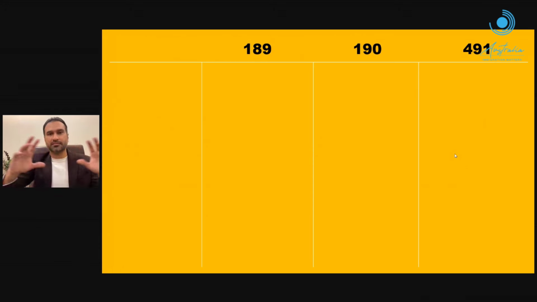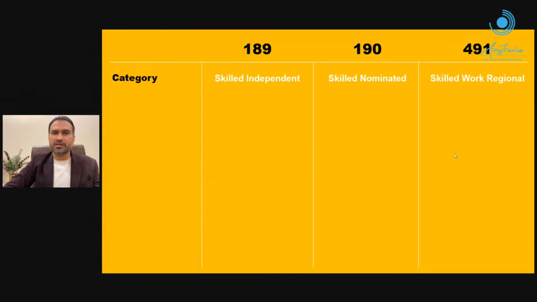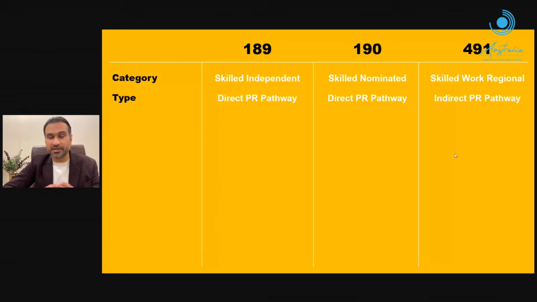Now let's summarize the comparison with key features for these three visa subclasses. Number one, 189 is a skilled independent visa, 190 is a skilled nominated visa. In that case, a state must nominate you, and 491 is a skilled work regional visa. In that case, the nomination comes either from a state or an eligible relative. Now 189 and 190 both are direct PR pathways, whereas 491 is an indirect PR pathway.